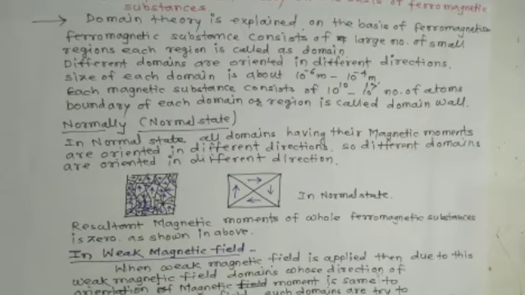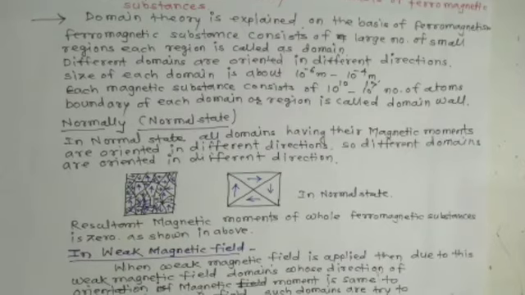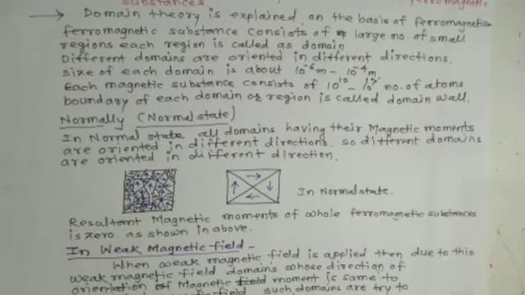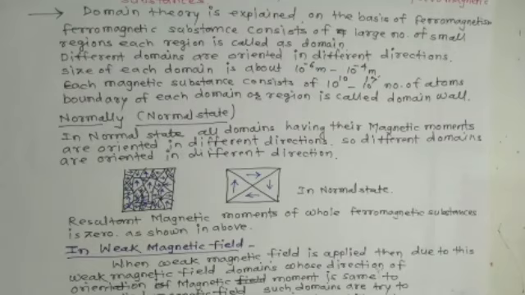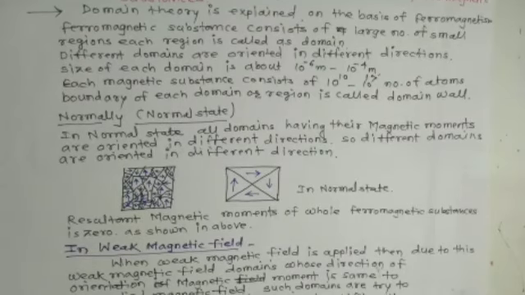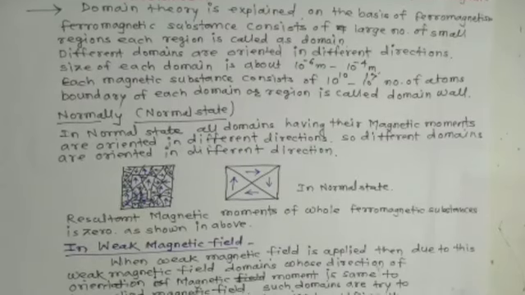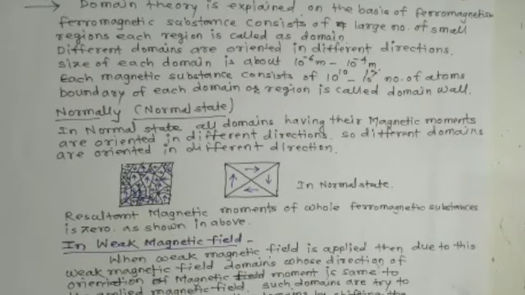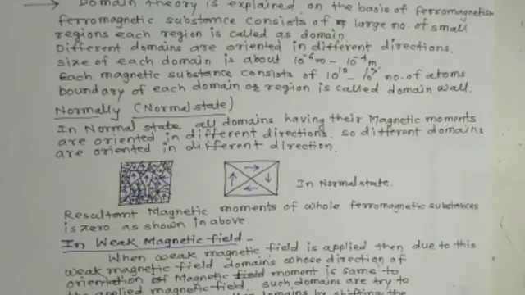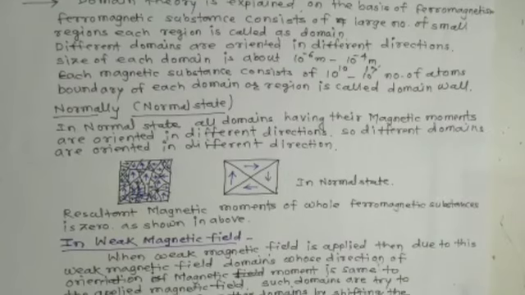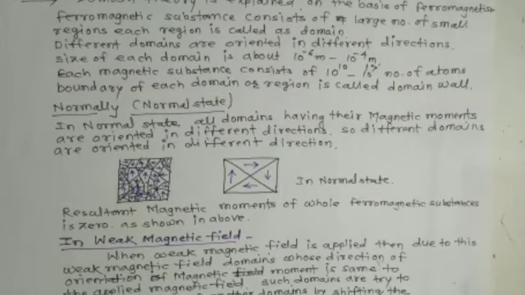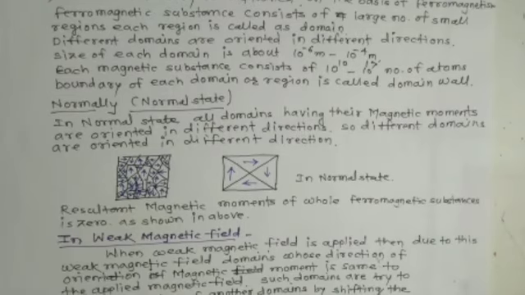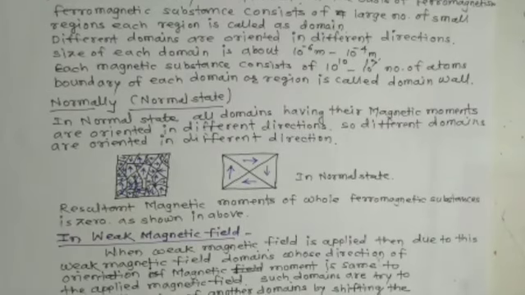Different domains are oriented in different directions. The size of each domain is about 10 raised to minus 6 meter to 10 raised to minus 4 meter. Each domain consists of 10 raised to 10 up to 10 raised to 17 atoms. The boundary of each domain is called a domain wall.